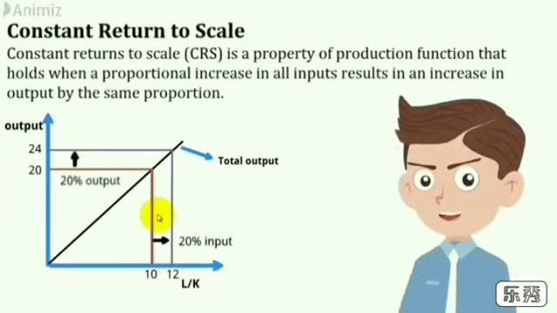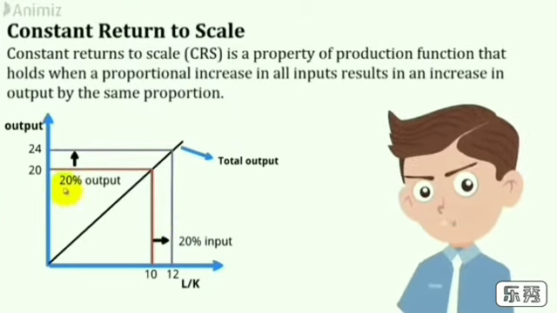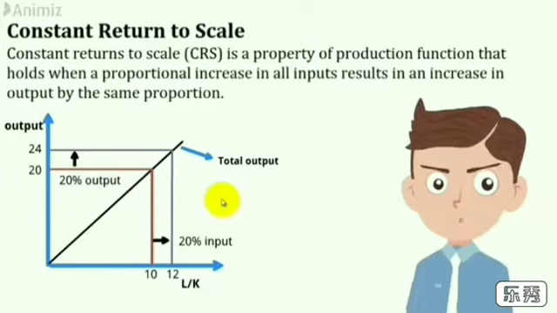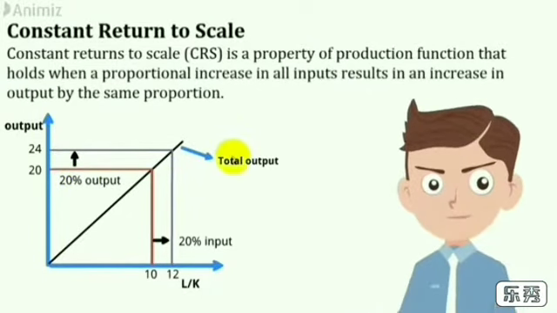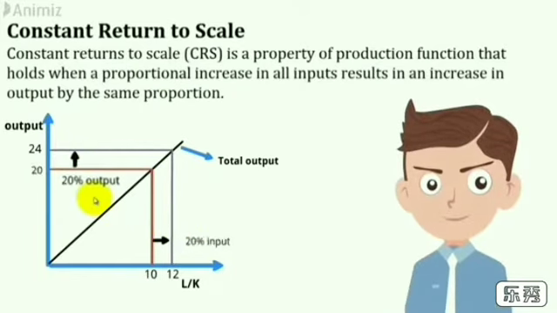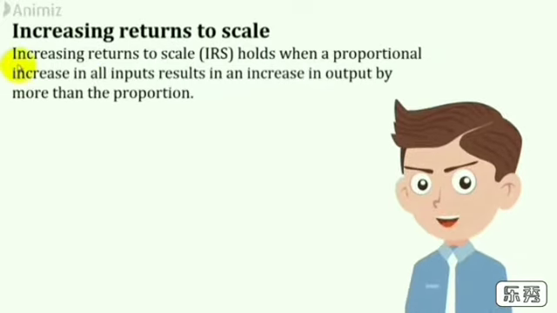Here it shows output increasing from the 20 level to the 24 level, while the labor or capital input increases from the 10 level to the 12 level. So 20% of output increase is due to 20% of input increase.